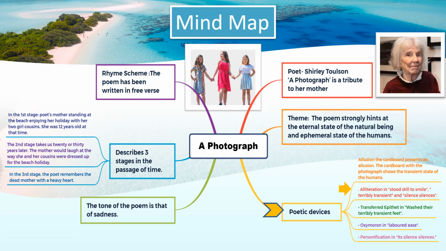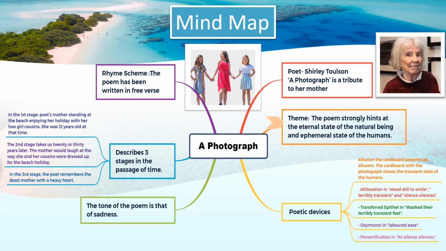Alliteration in stood still to smile, terribly transient, and silence silences. The repetition of consonant sounds. Transferred epithet in washed their terribly transient feet. Oxymoron in labored ease. Personification in its silence silences.